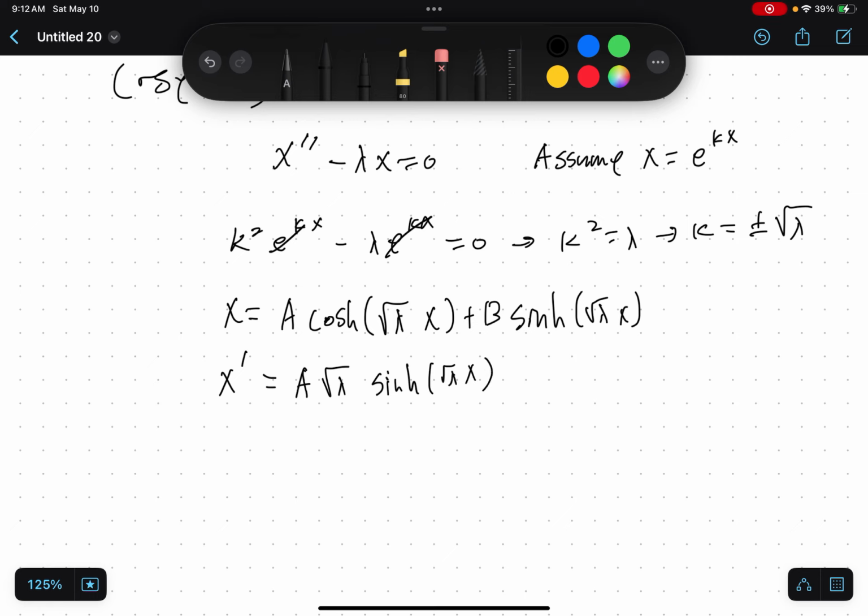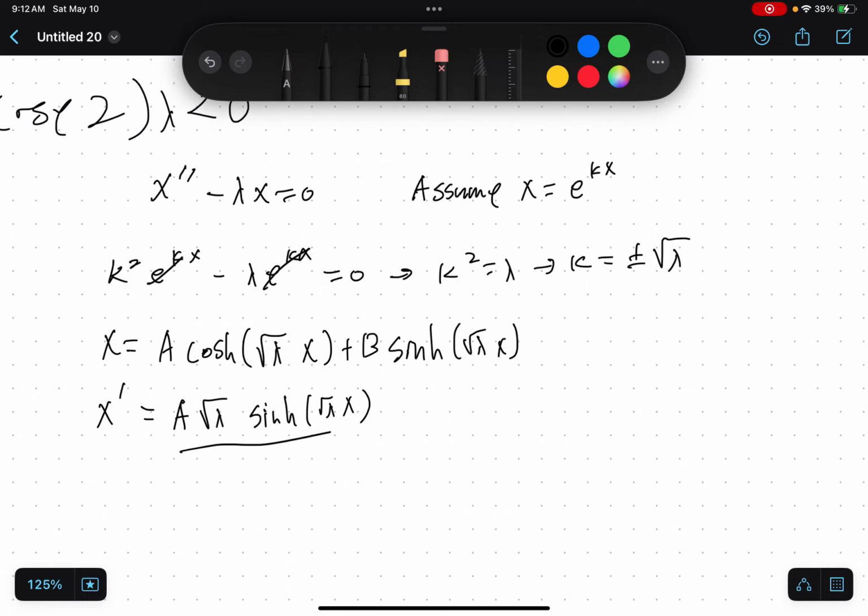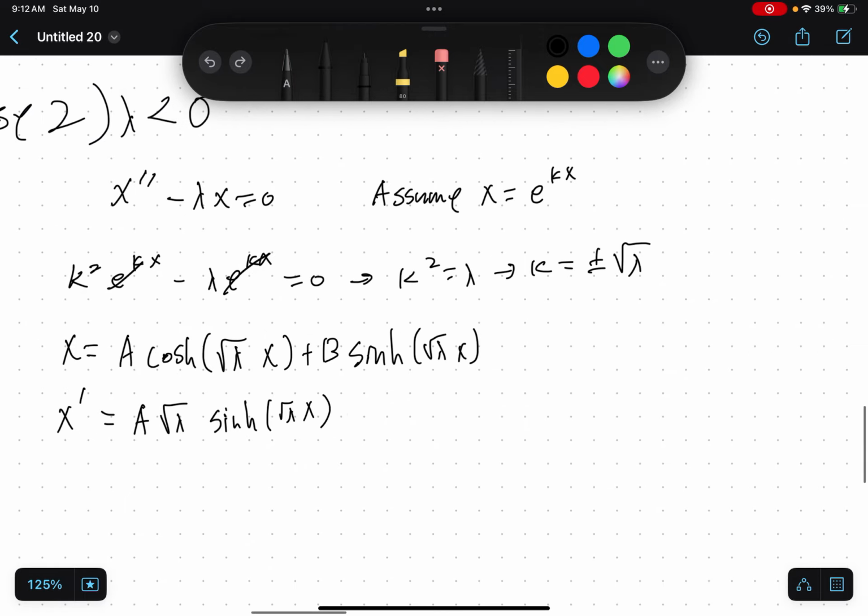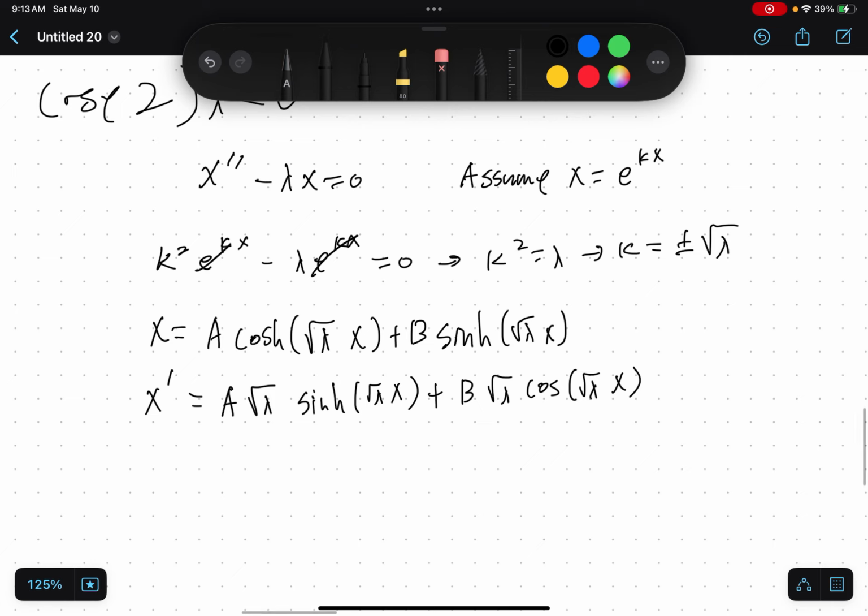Normally the derivative of cosine is negative sine, but for hyperbolic functions, there's no negative. It just goes back and forth, sine and cosine. So that's why this term is still positive. Plus b root lambda cosine hyperbolic of root lambda x. I think that's right. Yep.